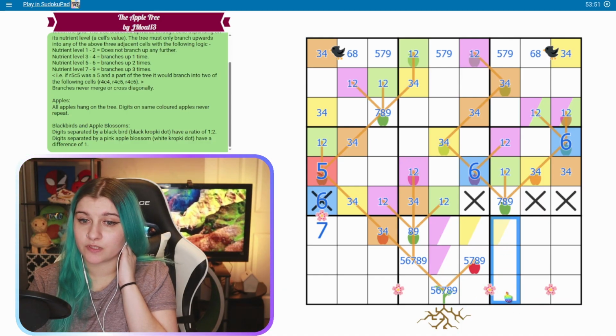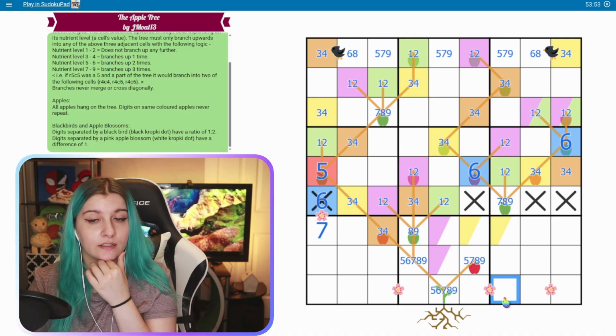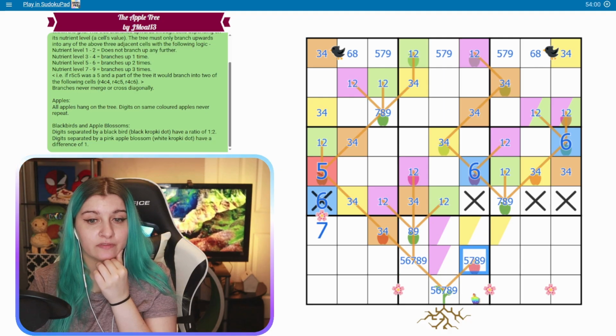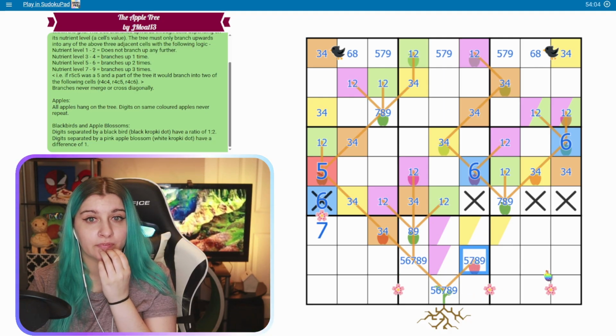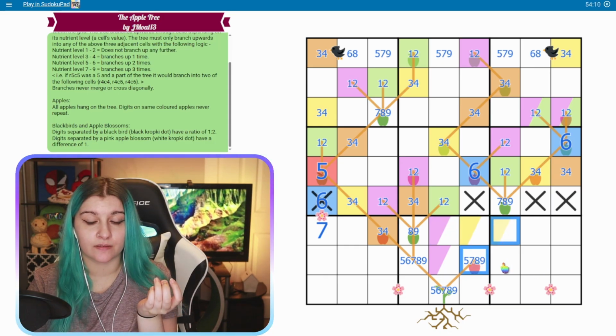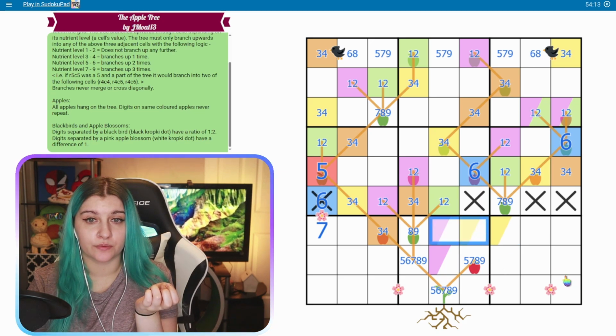This could be a 2, this could be a 3 is what I was looking at here. Am I missing something with this? One of these needs to be a 5, 6. I still have a red apple 5 available. But I don't have to use it. This could be a 7, 8, 9, and I could go like this. I could have some 1, 2s.